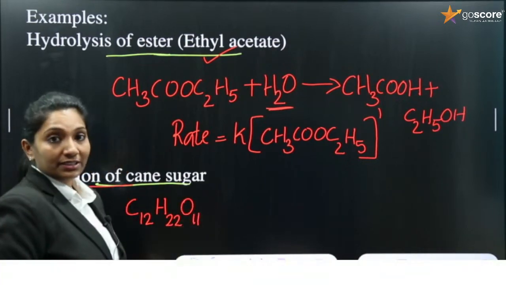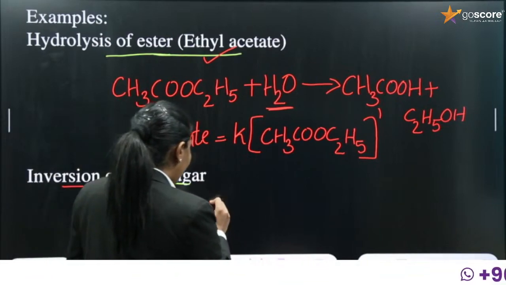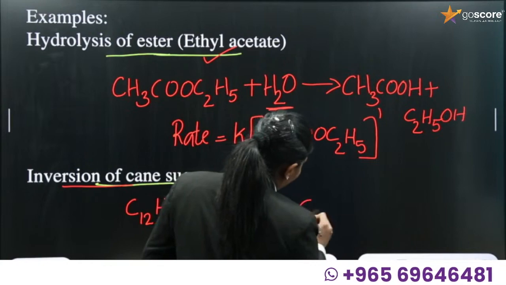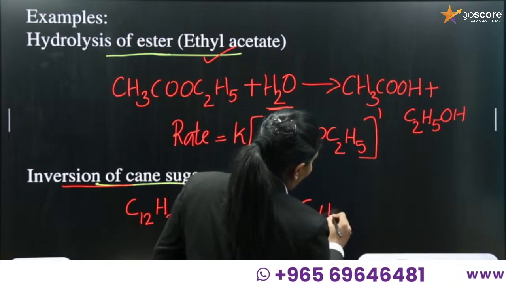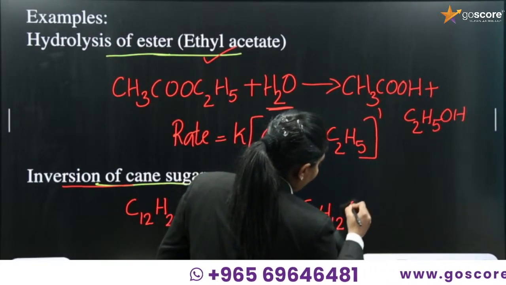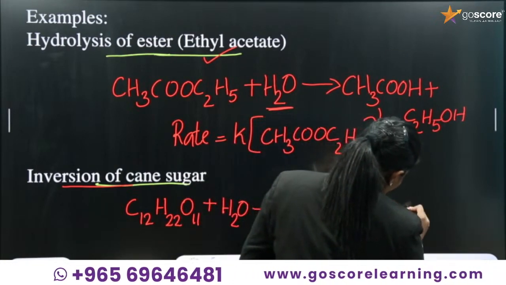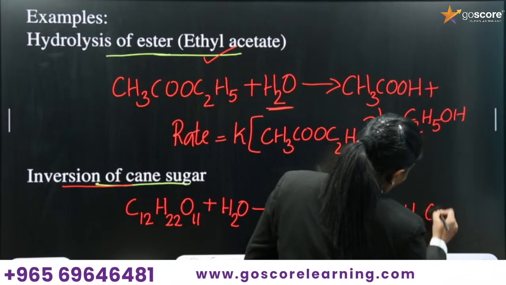It's C12H22O11, right? So for the inversion of cane sugar, what products are we getting? It is glucose and fructose, C6H12O6 plus C6H12O6.